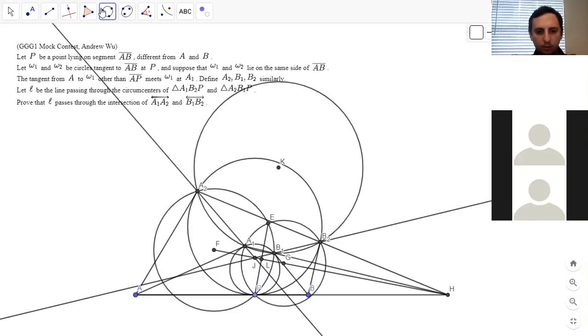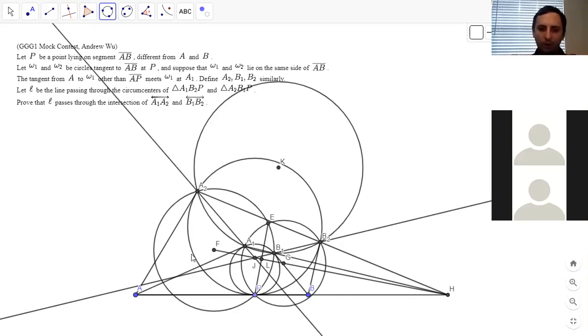So I could try to do an inversion centered at K with that radius. J is the intersection of A1A2 and B1B2.